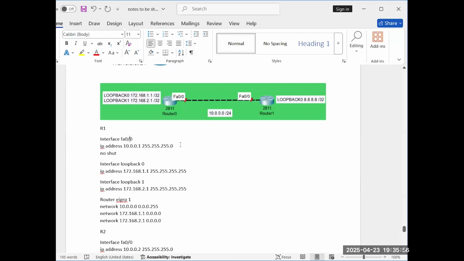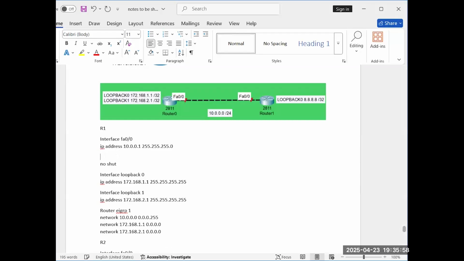So here on the WAN interface, I'm going to add the command ip summary-address eigrp 1.